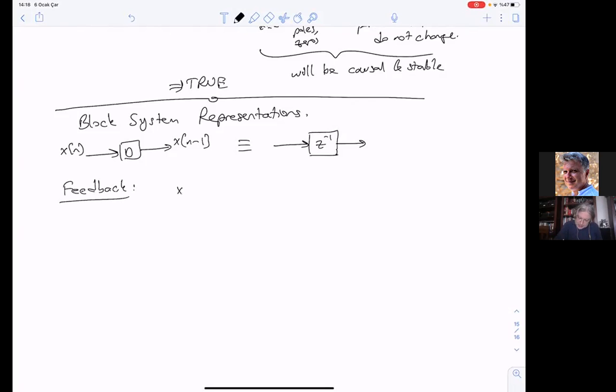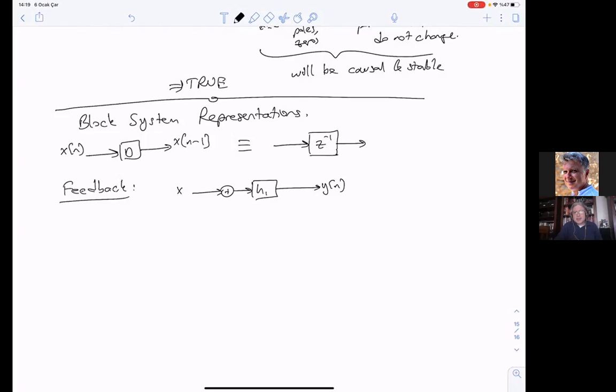There's an input X. You can call it X of n if you wish. And there is a forward path filter H1 that produces Y of n. And let's assume that this H1 has some poles which disables convergence, and therefore it's an unstable system. Let's assume that H1 is an unstable system.